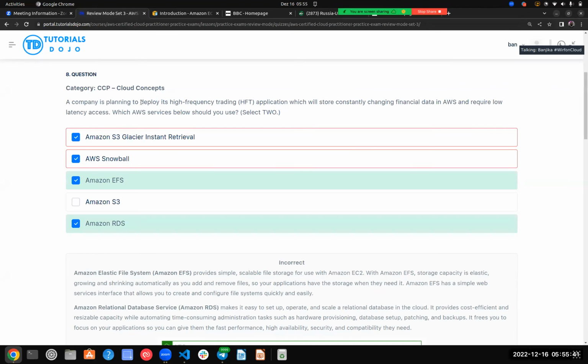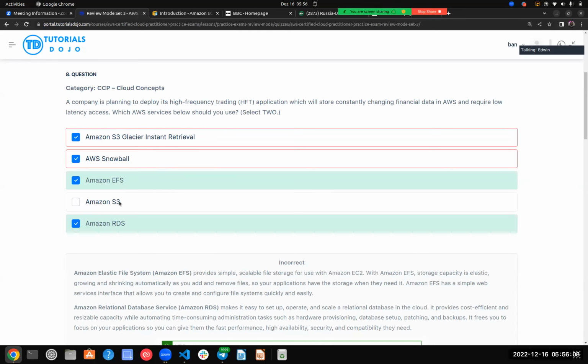Right, so we're not moving any data here from on-premises to AWS. We're not doing any migration activity, but we're just looking where we can store data and then access it with low latency. So in that mindset, if you were to eliminate S3, then you see that Snowball will go, and S3 Glacier will also be eliminated.